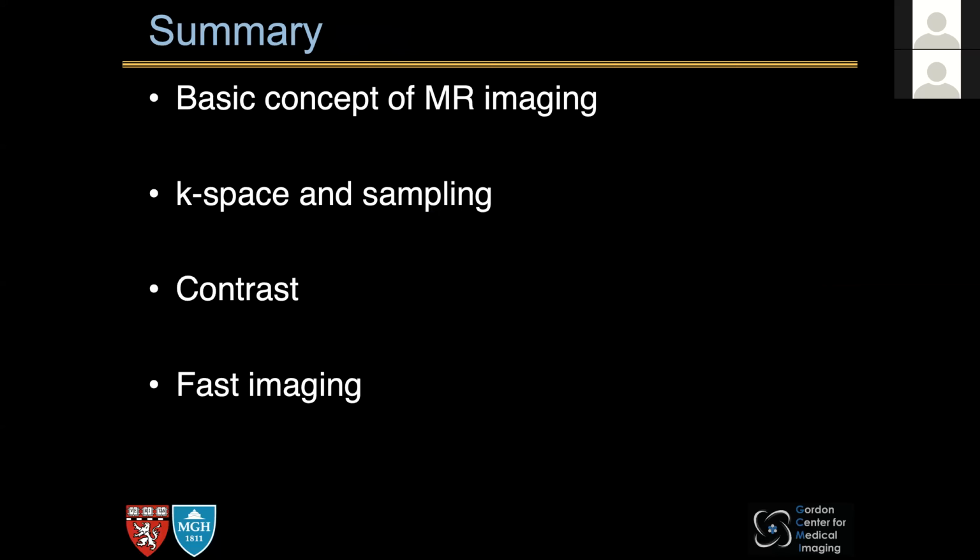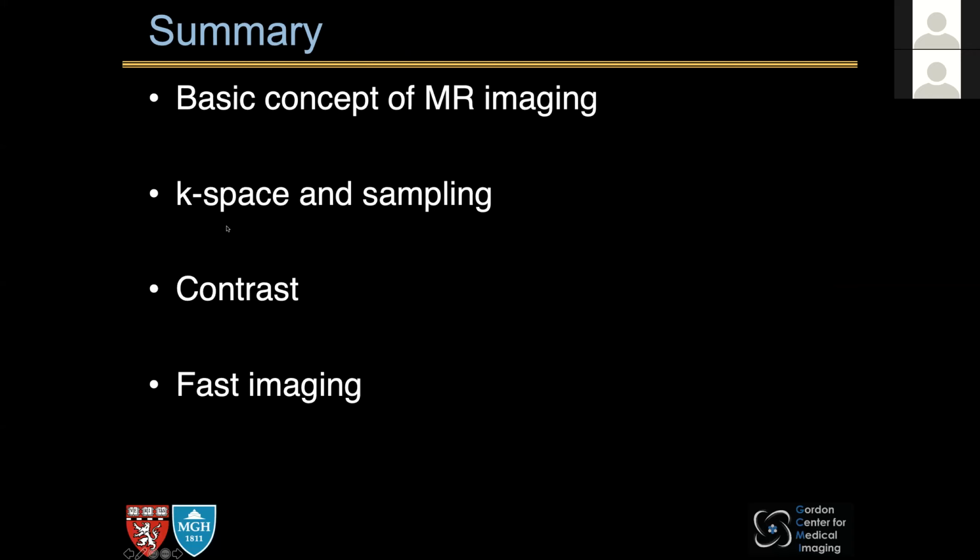Okay, so in summary, this is what we have covered. We covered the basic concept of MR imaging and the NMR physics. I think also in Dr. Wu's lecture last week, we covered the contrast mechanism.